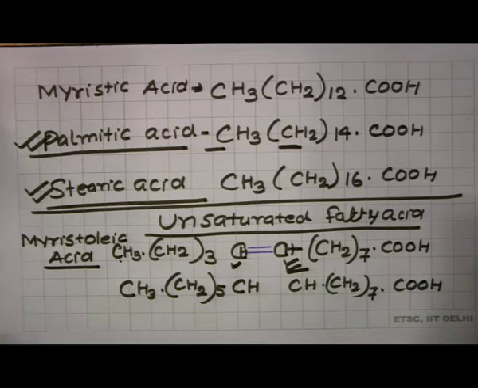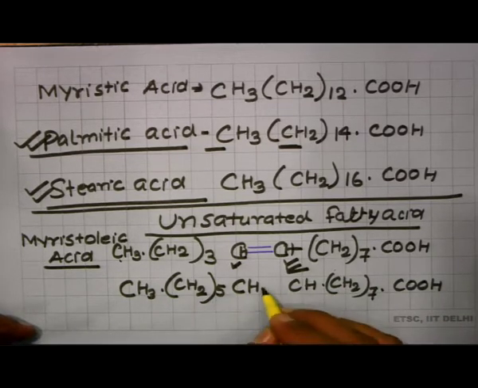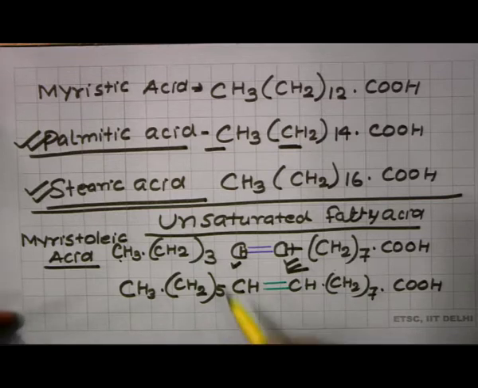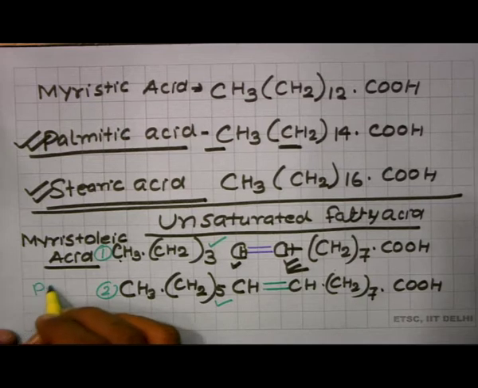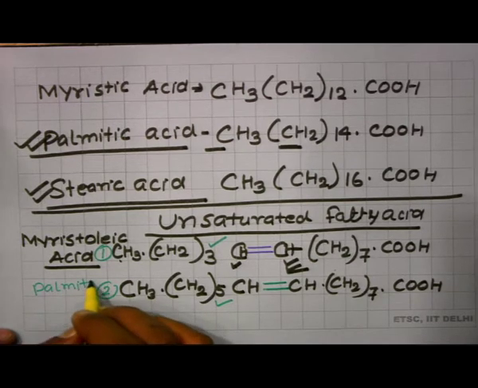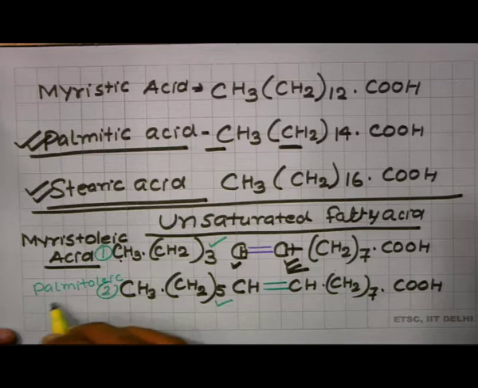Here between the 7th and 8th carbon there is a double bond. So, by replacing 3 by 5 in the same structure as the first unsaturated fatty acid, this structure is called palmitoleic acid.